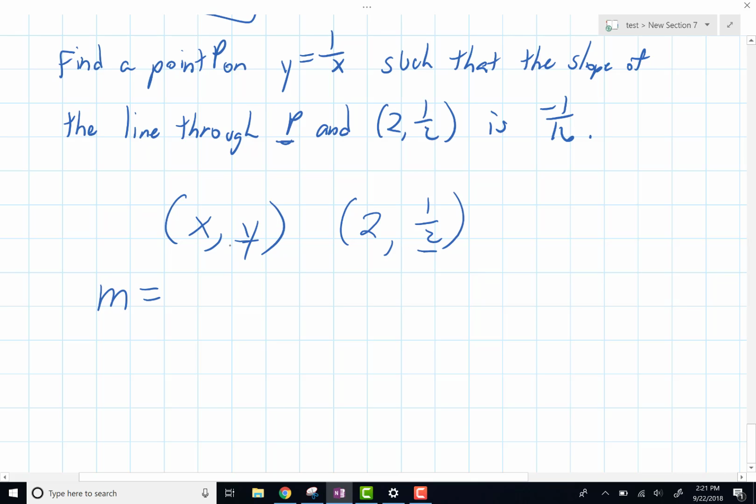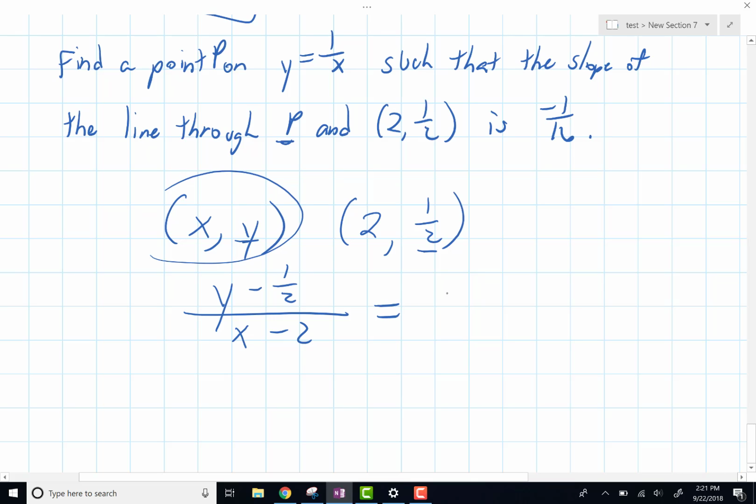You can subtract in any order you want. I'm going to choose to do this one first. So I'm going to do the y minus 1/2 over the x minus 2. And that's your slope, right? The y's subtracted over the x's subtracted. And they tell me that they need that slope to equal -1 over 16.